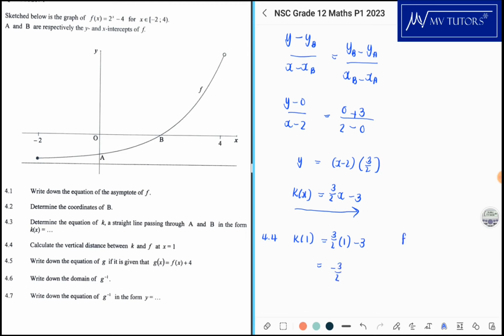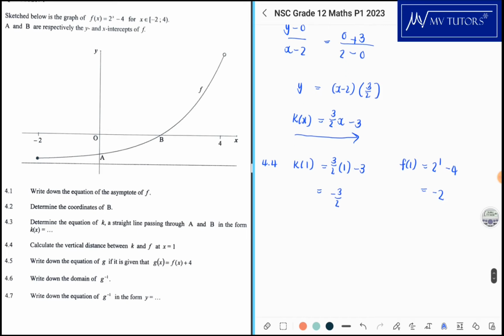And then now f with 1. Alright, so we have 2 to the power 1 minus 4. Anything to the power 1 is itself, so 2 minus 4 is -2. Okay, now they want the vertical distance.